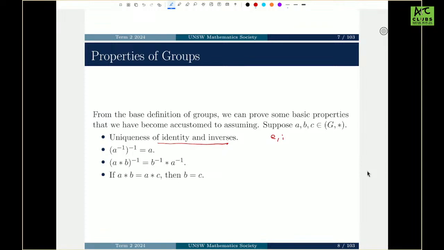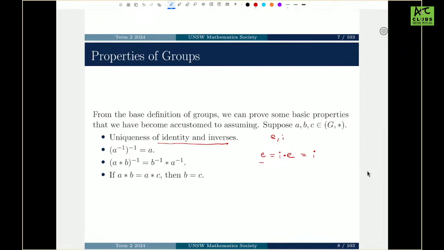Then what we can say is that E equals E dot I equals I dot I, and I should have I dot E maybe. Yeah, E equals I dot E equals I, really.